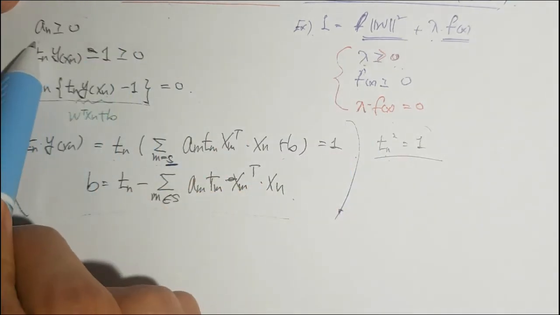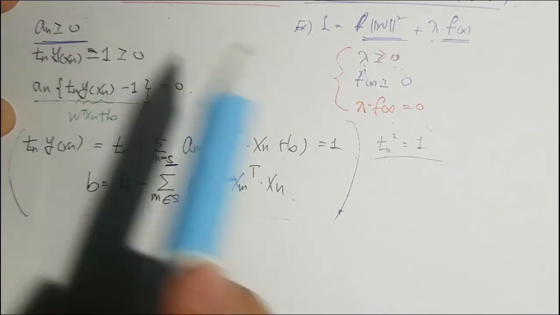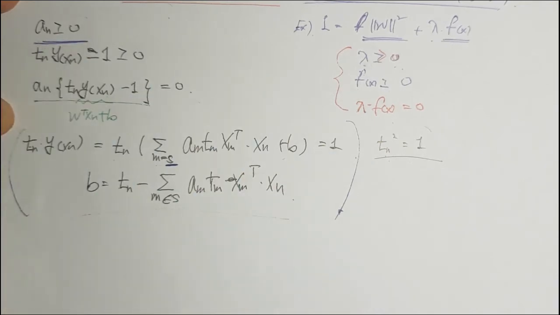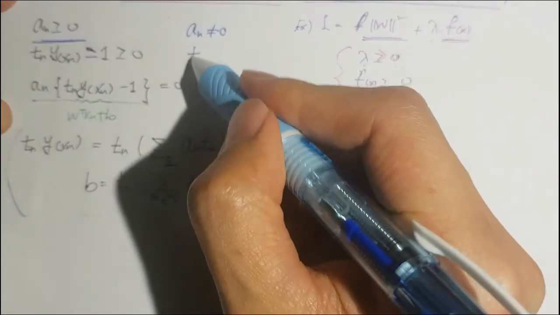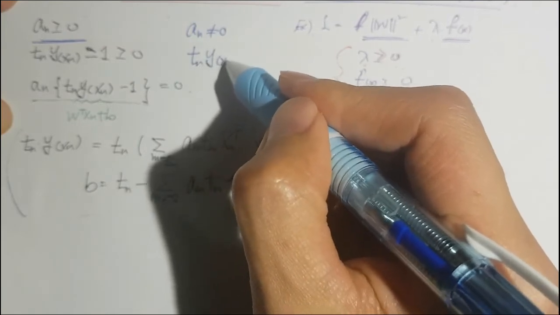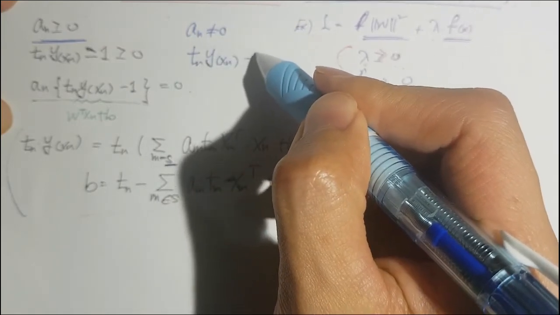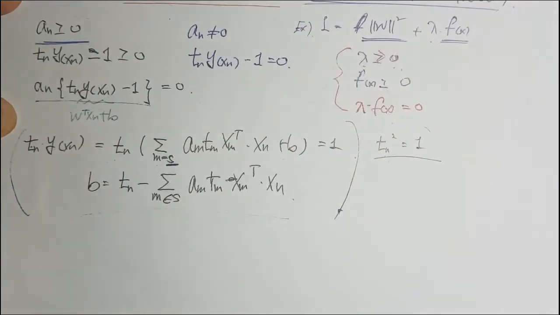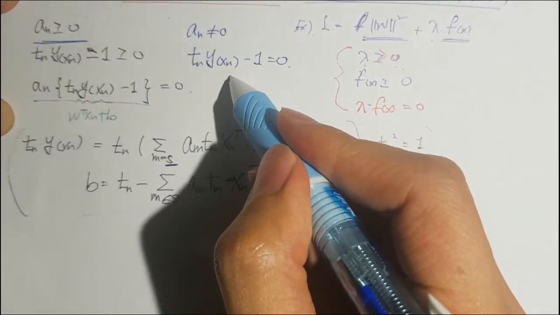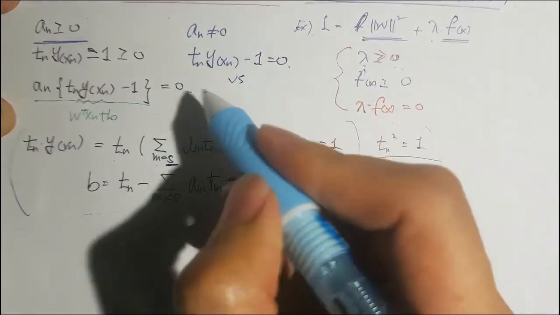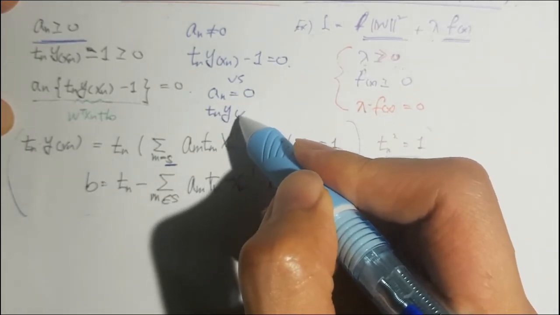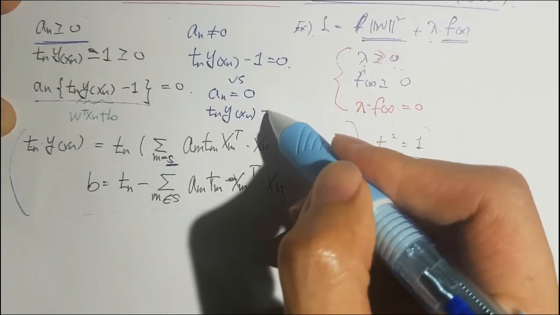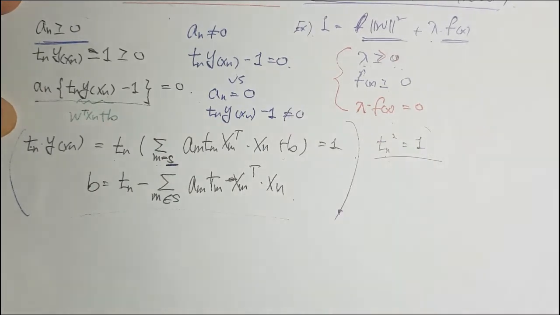So as I said, if the Lagrangian multiplier is not 0, then it means this one should be 0, right? Vice versa. If a_n is 0, then t_n y(x_n) minus 1 is not 0.